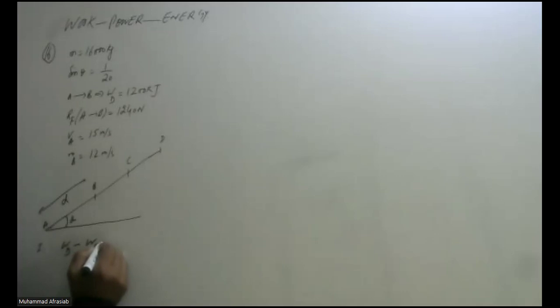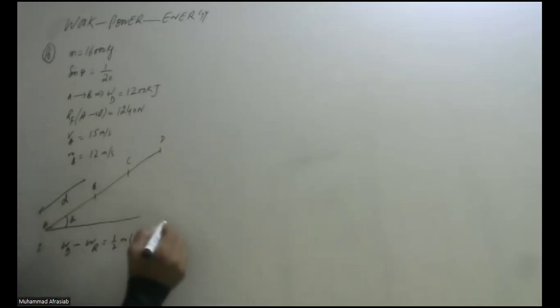So from the equation of motion for the first part, work done by the driving force minus work done by the resistive force is equal to the change in kinetic energy of the system, plus mgh, because it is moving up, where h is the height from A to B.